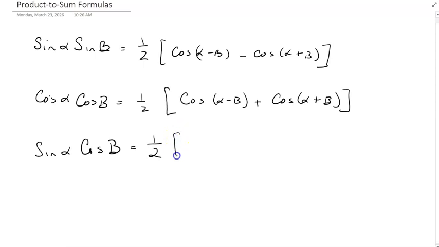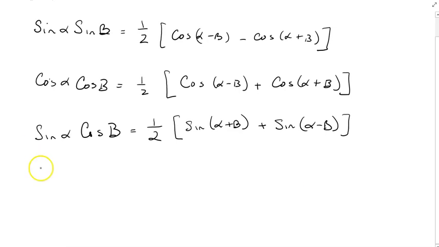So in that case, it would be 1/2 sine alpha plus beta plus sine alpha minus beta. And again, you do not need to memorize these. They will be given to you on a sheet. You just got to be able to use them, manipulate them.